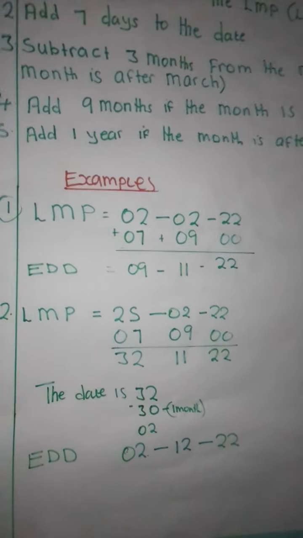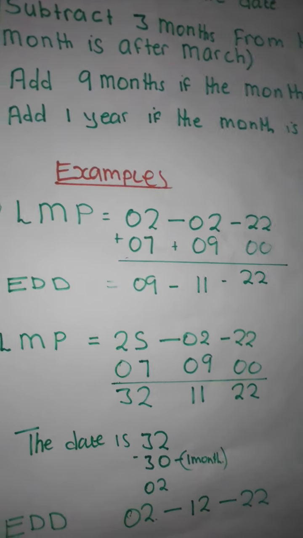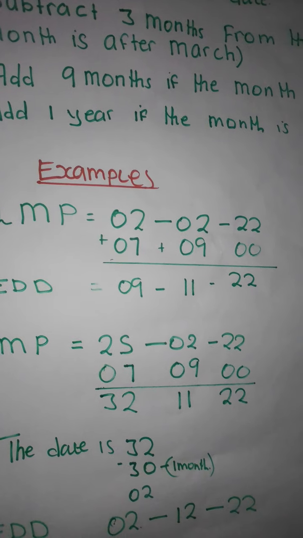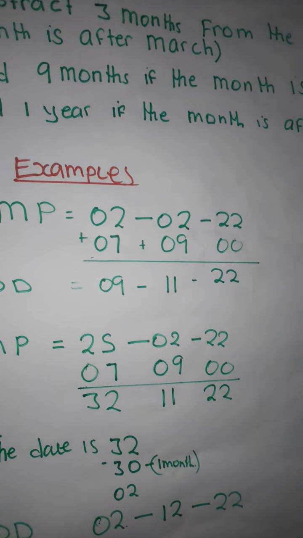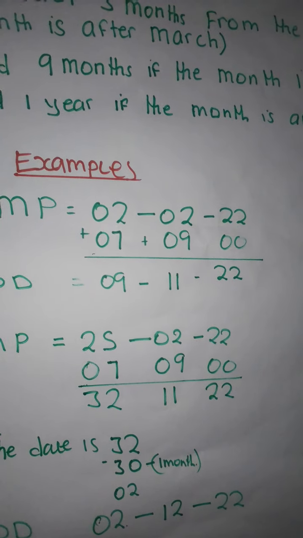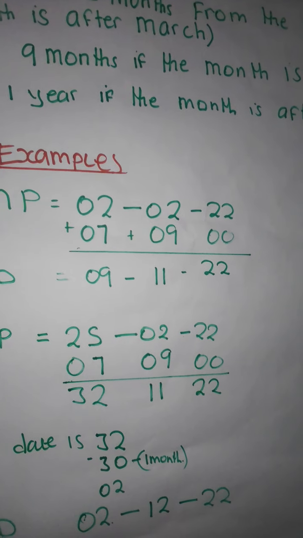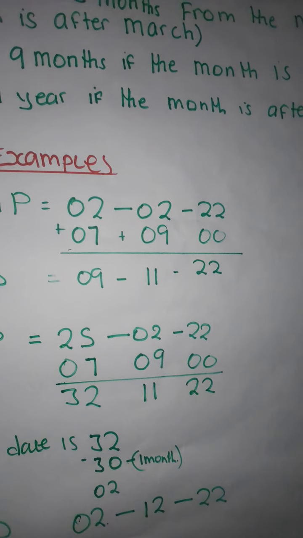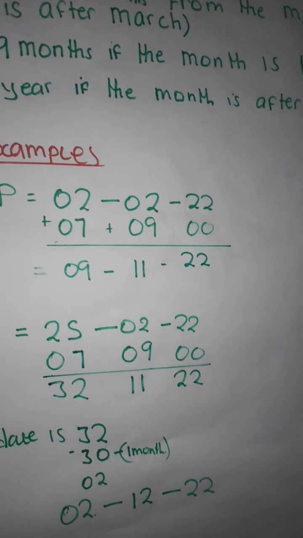Alright, so here is an example. This person had an LMP of 2 February 2022. Now February is the second month of the year. So we'll write 2, which is the date, and the month we'll write in figure, which is 2, and the year 2022.